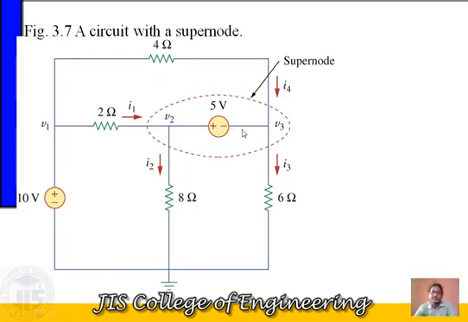If there were some resistance, then no issues: we could directly solve the current using V2 plus 5, as we are going through these sources, minus V3 divided by the resistance of this path. But now there is no resistance, so we have to go for the super node analysis. A super node is nothing but two different nodes considered as a single node.